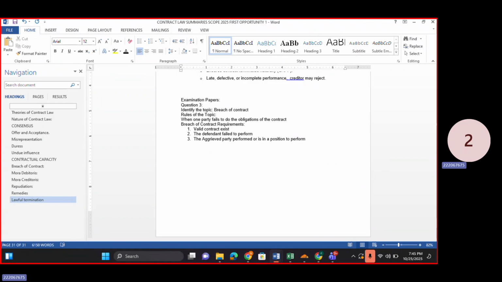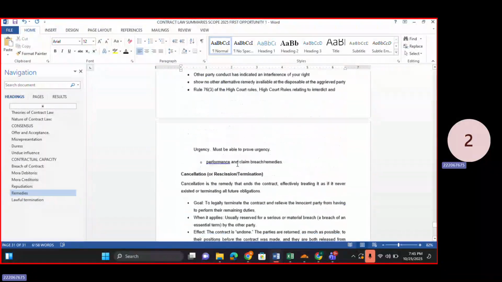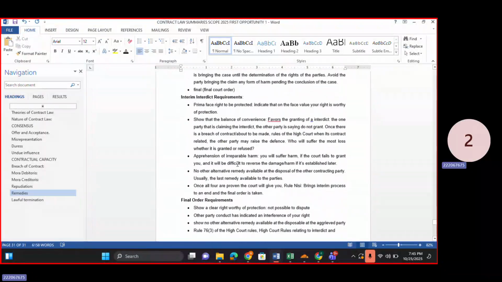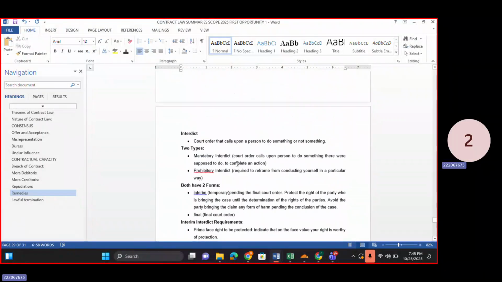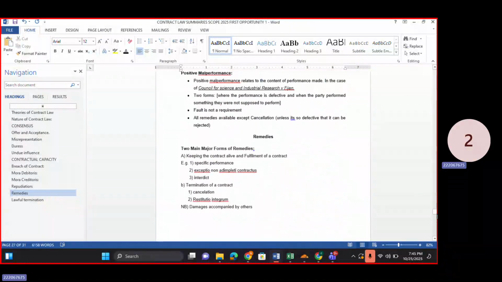And then you talk about how these were laid out in the case of... I don't know the cases in my head. Let's go. It was laid out in which case? Come on.